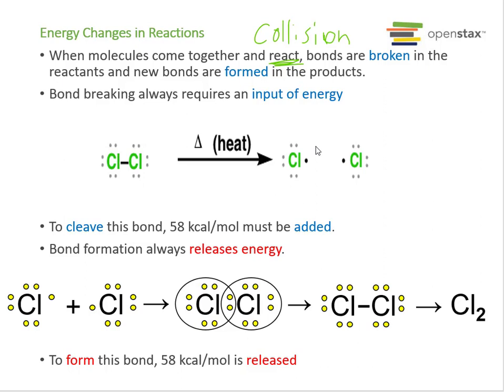Two molecules need to either collide with one another to break bonds, or come close to one another to form bonds. So they need to collide in order to react. Bonds are broken in the reactants and new bonds are formed in the products.